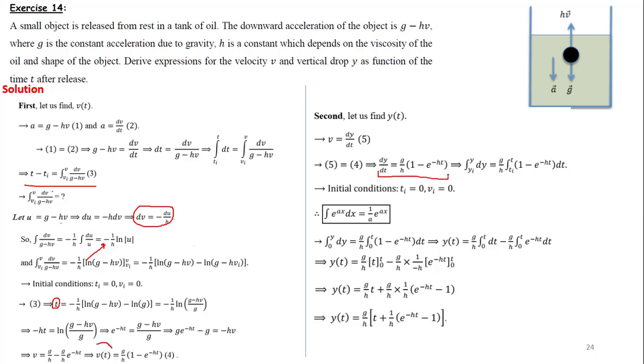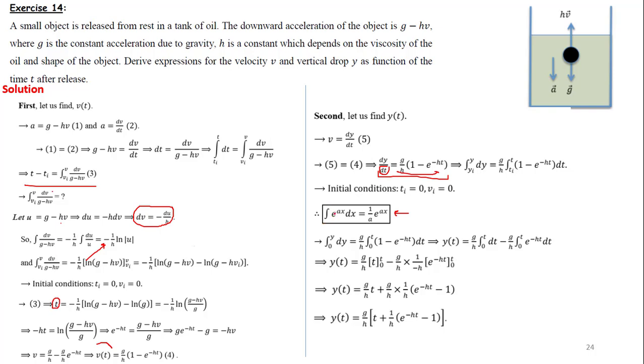Again, we should separate the variables. dt should go to the other side, and we will deal with this integral form, the integral of 1 minus e to the minus ht dt. I will remind you of the rule of the integral of an exponential.